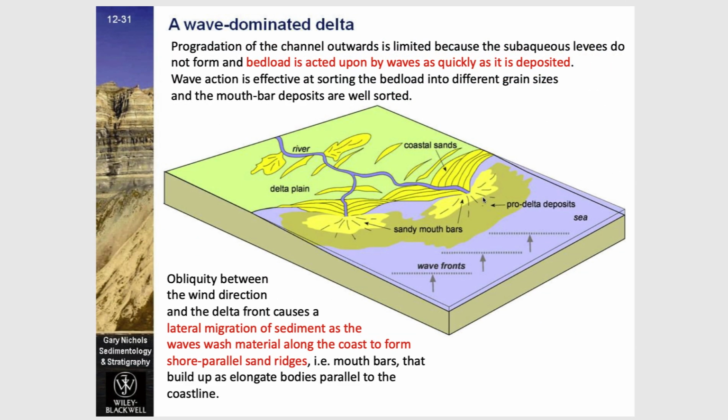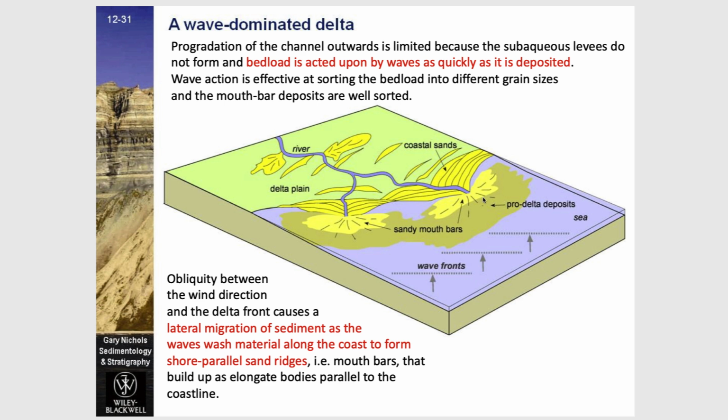If instead we have prevalent winds, often if these are acting at an angle with respect to the coastline, we will develop parallel sets of islands or sandbars, which tend to cause a lateral extension of the sandy mouth bars, basically.